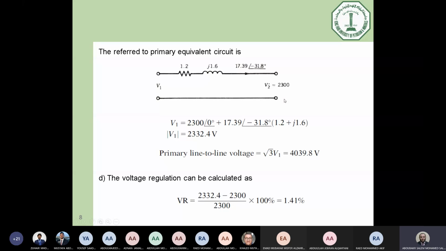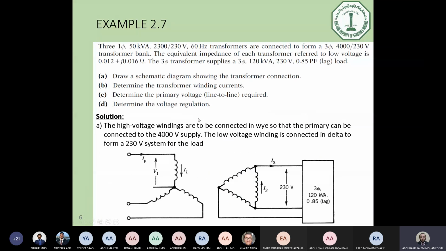Okay, guys? So for now, we can simply calculate V1 as V2 prime plus I multiplied by the reflected impedance. This is the absolute value of the primary voltage. This primary voltage is considered as a phasor, guys. Now we consider this as a single phase circuit, is it right? Yes, this is a single phase circuit, but return again to the connection. Single phase circuit means one coil. So what will be the coupling voltage?